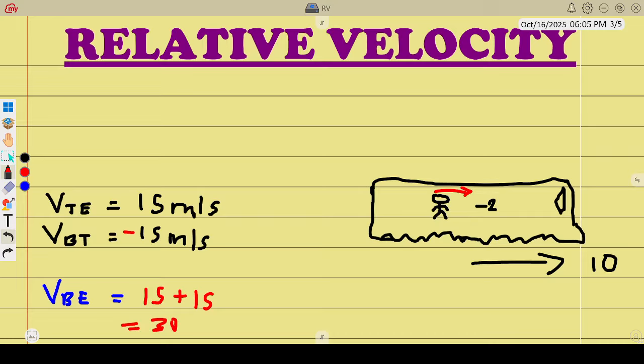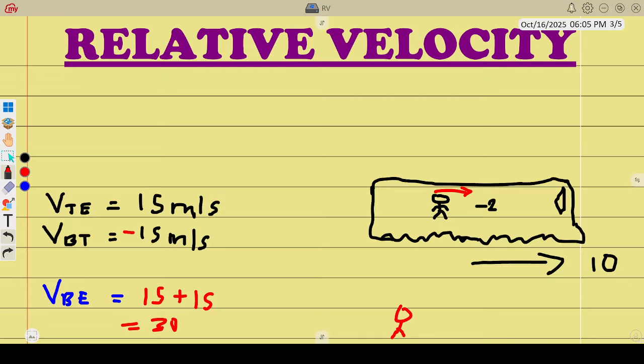So anyone to give it a try. I'm giving you 2 minutes to think. If we have a person standing outside here, what is he able to see about the person who is inside? So let's say this is person A, and this is person B. What is the relative velocity of B being observed?